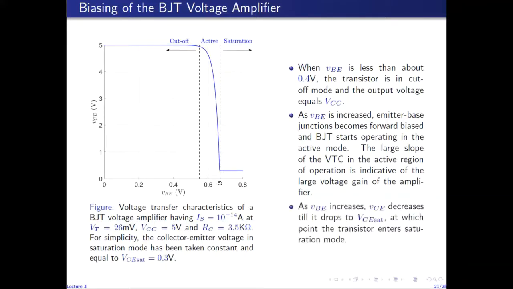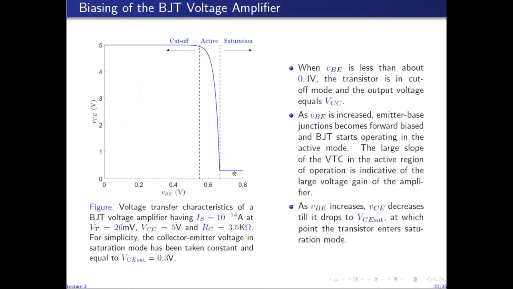As VBE is further increased, VCE decreases to a point at which it becomes equal to about 0.3 volts or so. When that happens, the device enters the saturation mode, as discussed before. For simplicity, in this diagram I have assumed the collector-emitter saturation voltage to be constant, equal to about 0.3 volts.